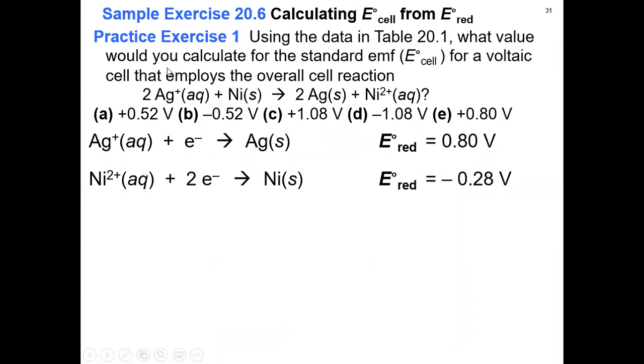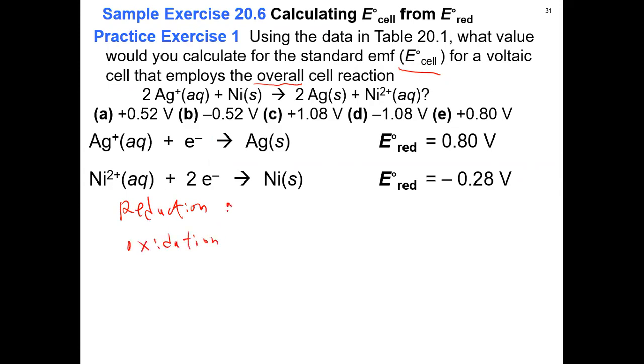What value will you calculate for the standard EMF, the so-called E cell, for a voltaic cell that employs the overall cell reaction given here? It is very, very important that if I give you an overall cell reaction, you identify what is your reduction and what is your oxidation.